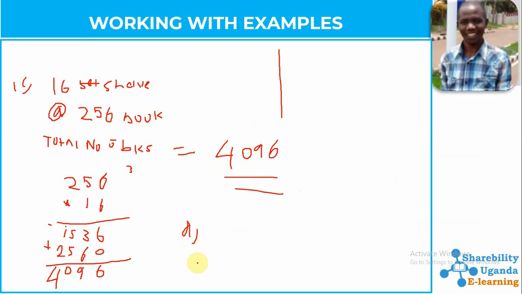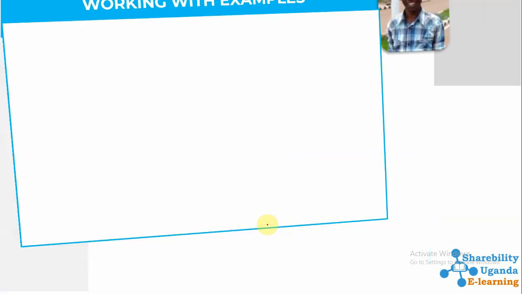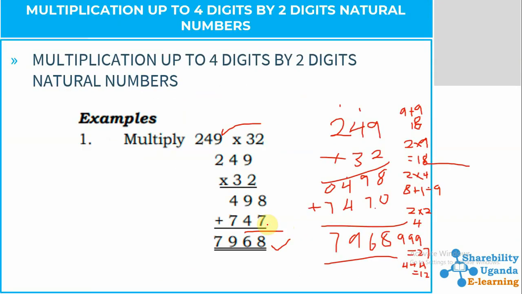Our part D. And in our part D, they are telling us that we have 32 what? 32 classrooms.